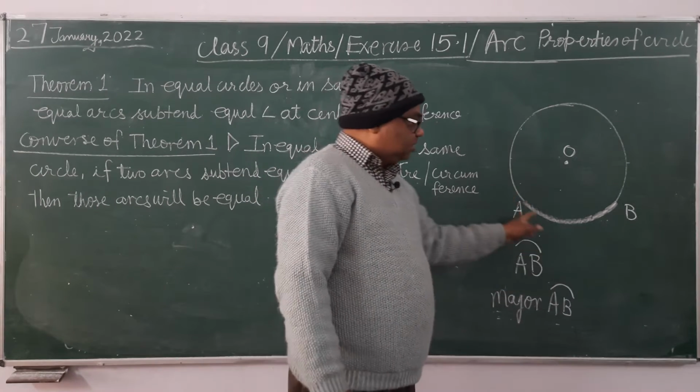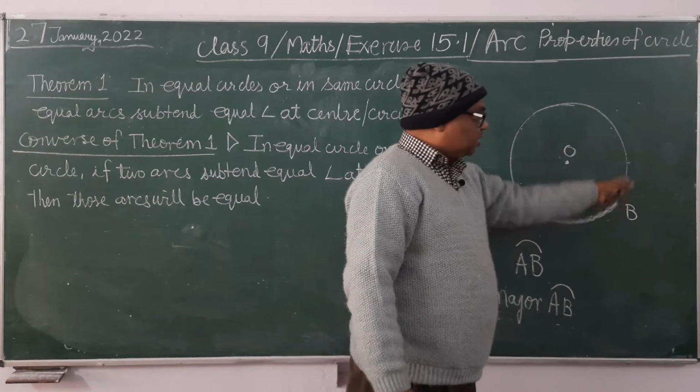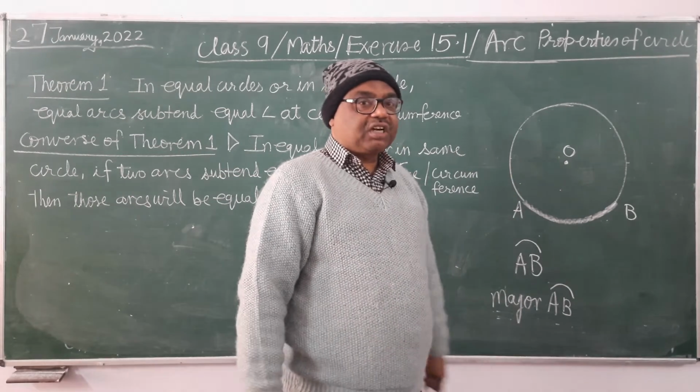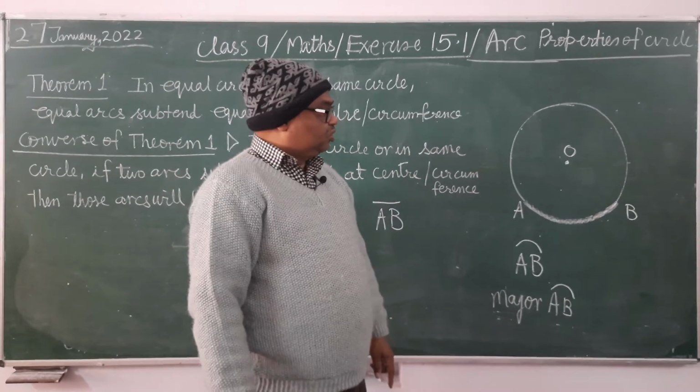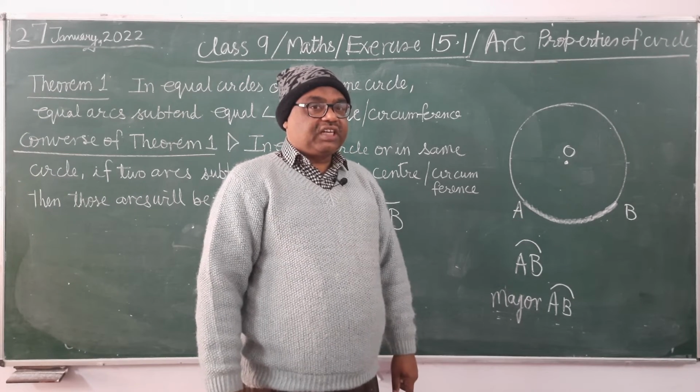Arc AB means this arc AB, not this. Its name is also arc AB, but it is bigger than the semi-circumference, therefore we also write major.